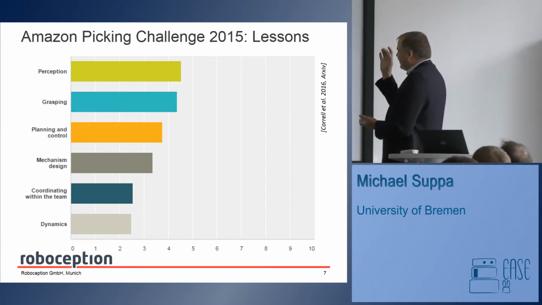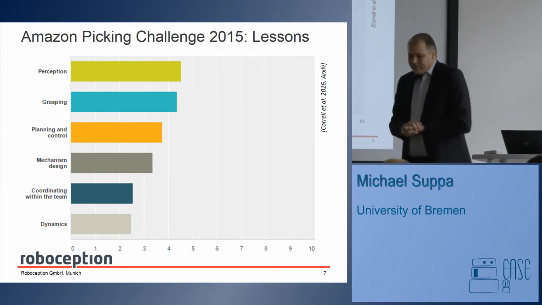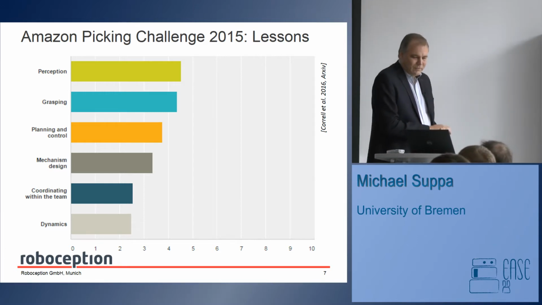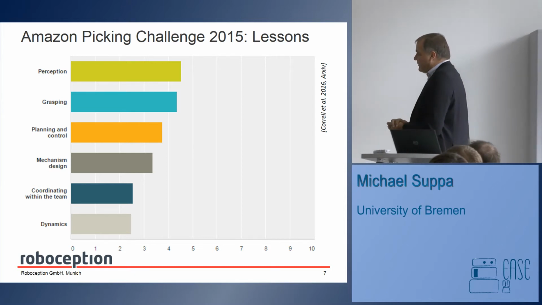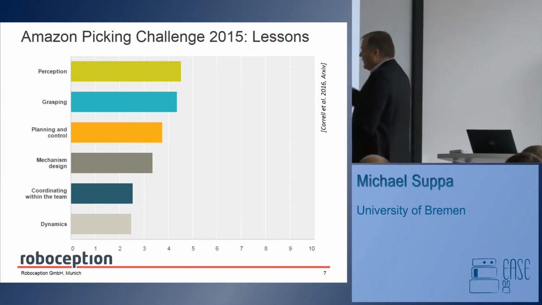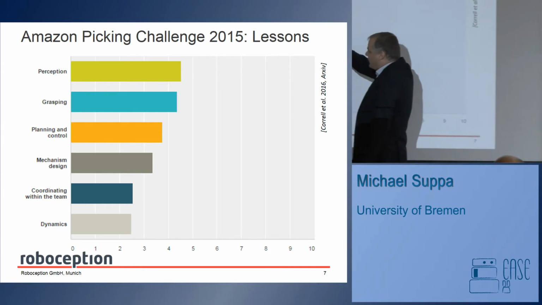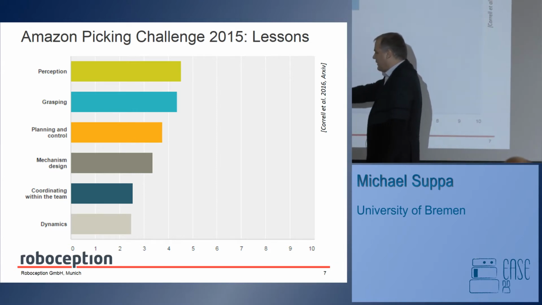Some lessons here from Nick Corell's paper. He said that most of the people were using perception, and they were also considering that the most important problem. Then there's the grasping, and then you go down to planning, control, mechanism design, and so on.